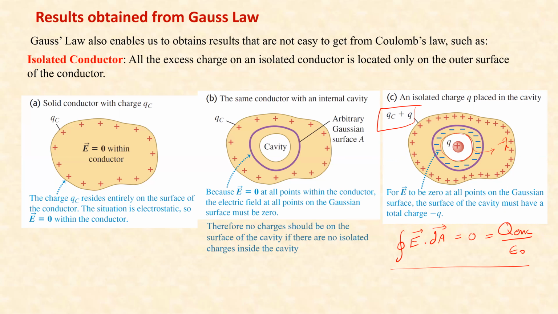Or if the yellow conductor is neutral in total, but there is negative charge Q on the inner surface, there should be positive charge Q on the outer surface. This is very important for some of the problems that we're going to see later on. All right, any questions?